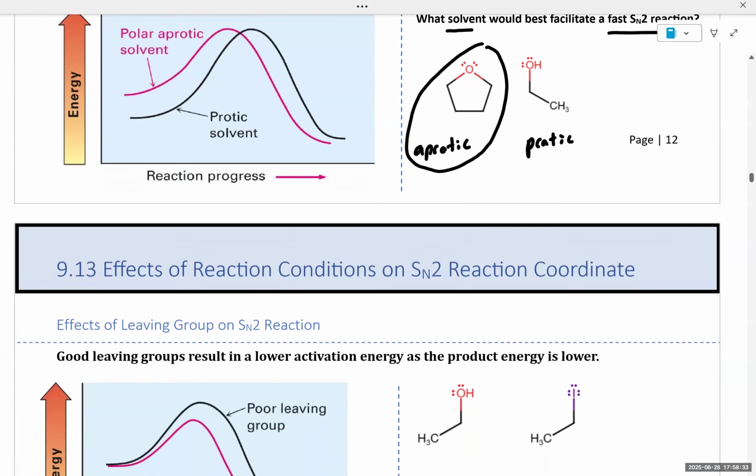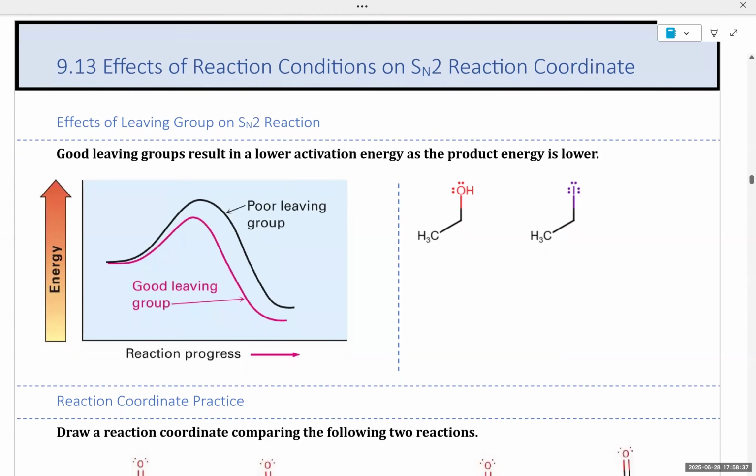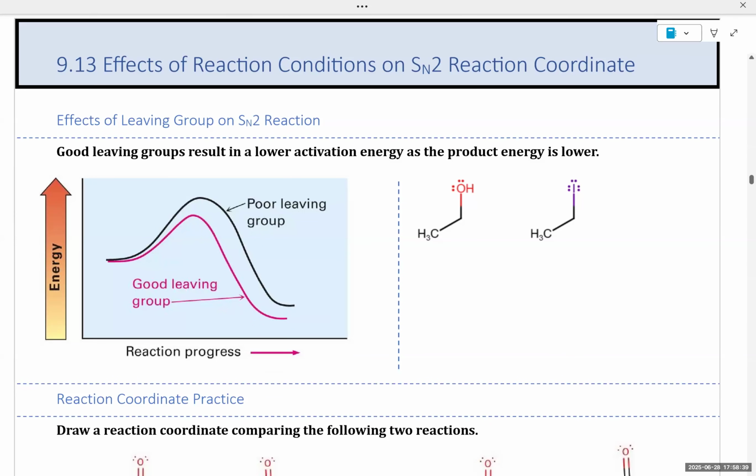Let's talk about some other effects on the reaction coordinate if we change the reaction conditions in the SN2 reaction. So let's talk about the leaving group now. Good leaving groups result in a lower activation energy as the product energy is slightly lower.